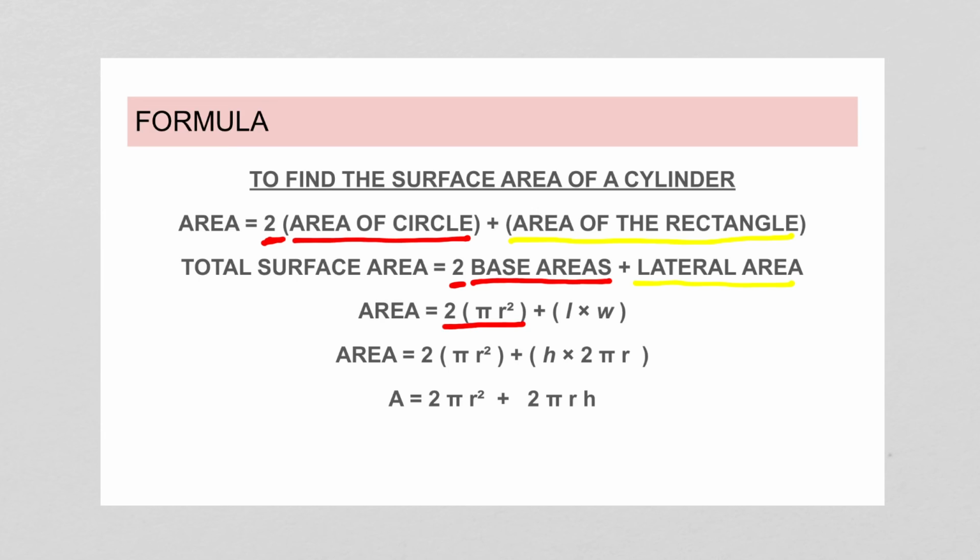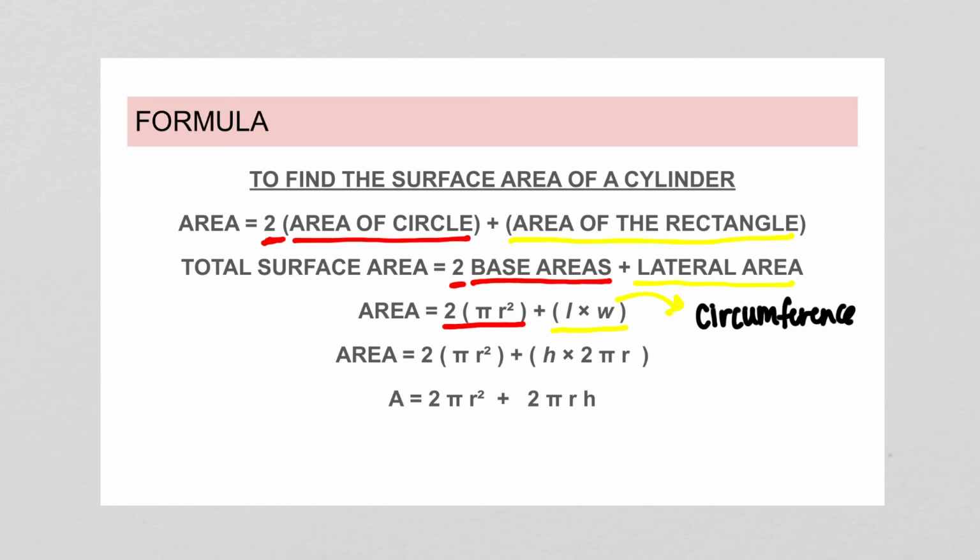Then if I think about the lateral area, that's just a rectangle. It's length times width. And that width is going to be equal to the circumference, right? That's where we're pulling in the circumference.